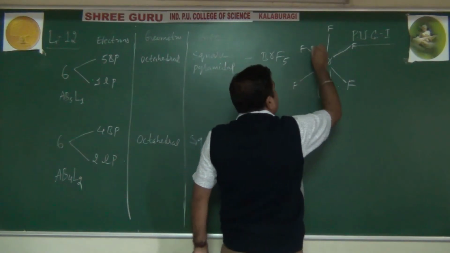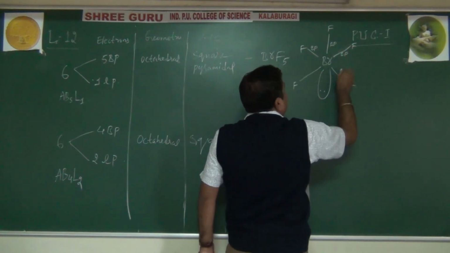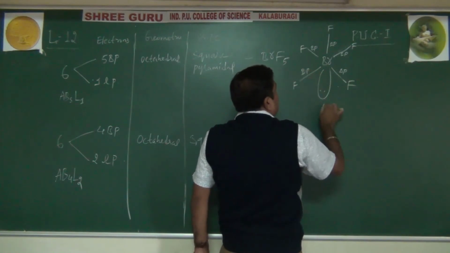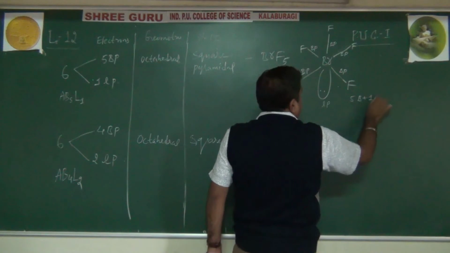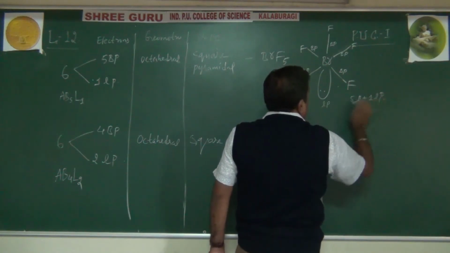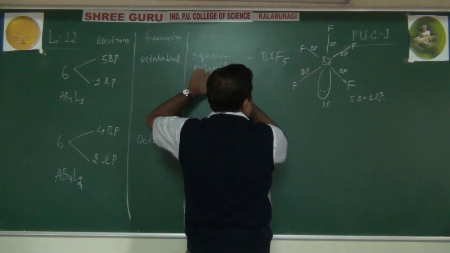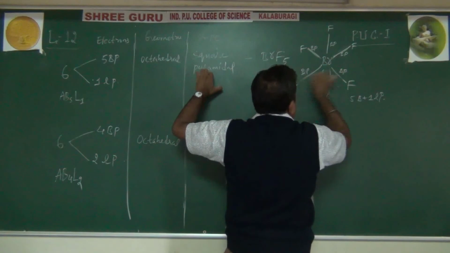So total 5 BP, 1 LP. Total 6. It should be octahedral, but what it is? Square pyramidal structure. Okay.